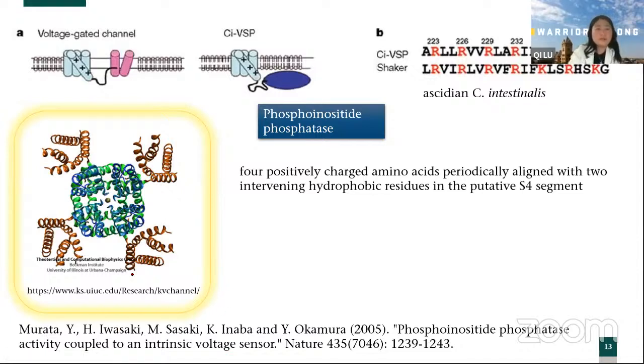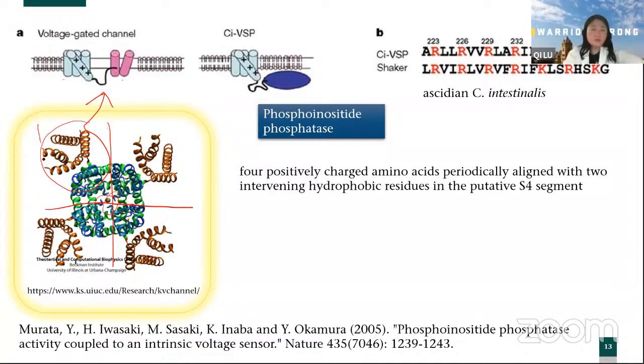The voltage-gated channels, like potassium channels, have four subunits forming a tetramer, and each subunit is built like this. There's a four transmembrane domain that is the voltage-sensing domain, and the two transmembrane domain forms an ion-selective pore for potassium to flux into or out of the cells.